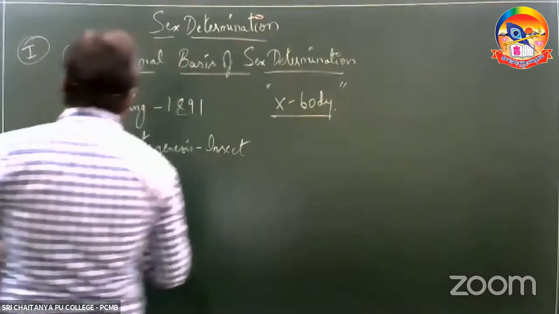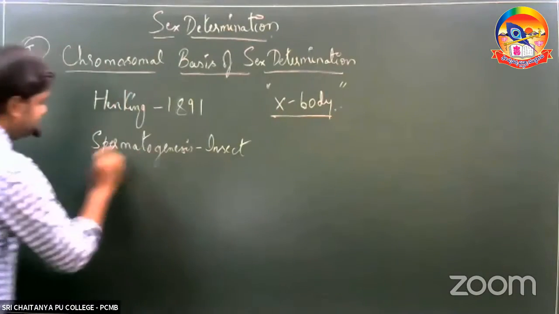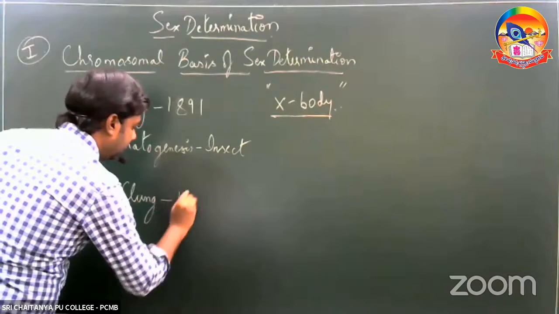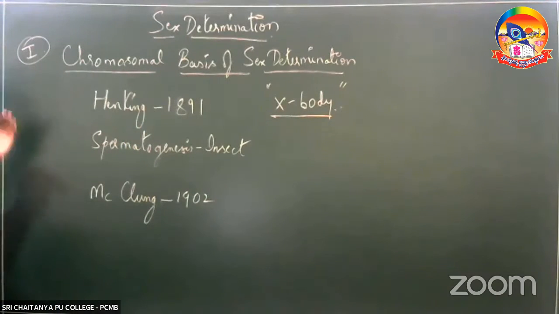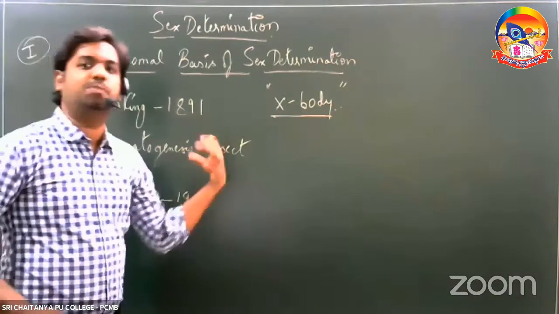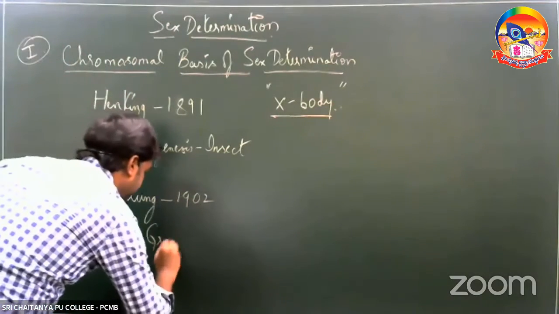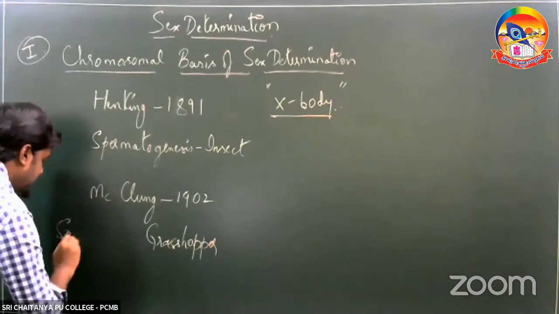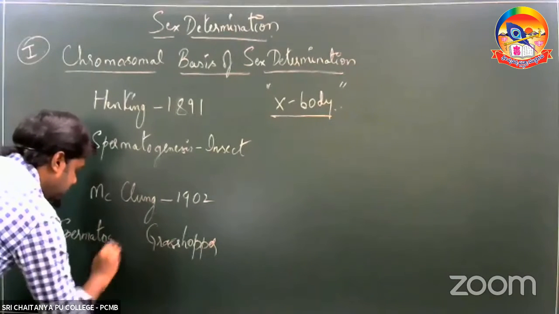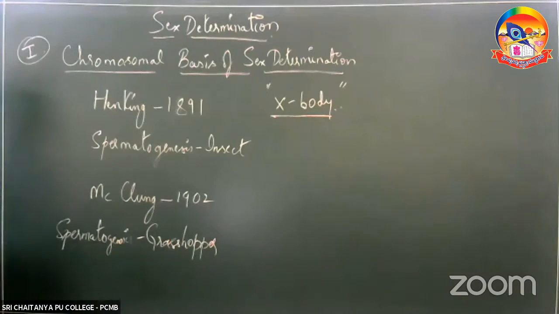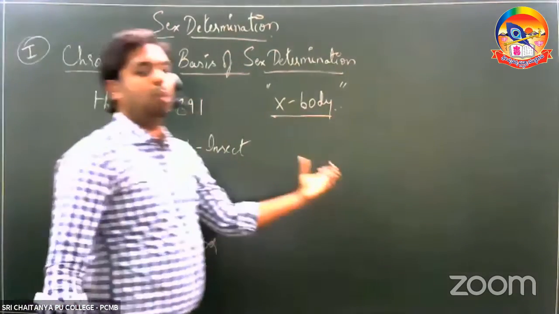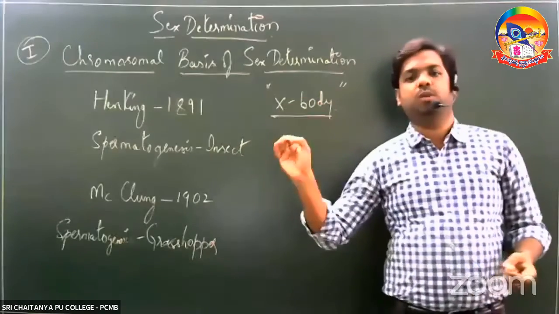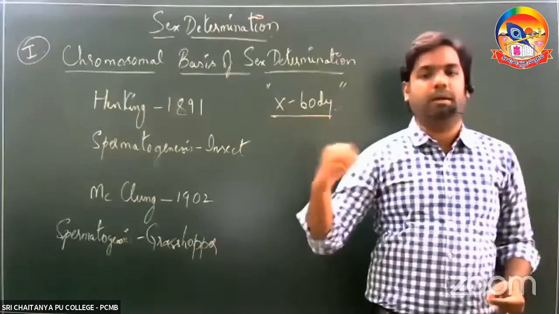Later, in the year 1902, another scientist by name McClung, while again working on spermatogenesis in grasshoppers, said that this X body is nothing but a chromosome, and this chromosome is the one responsible for determining the sex of a particular organism.